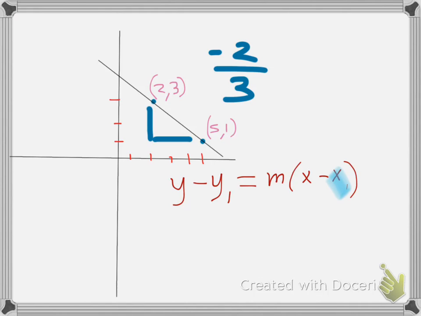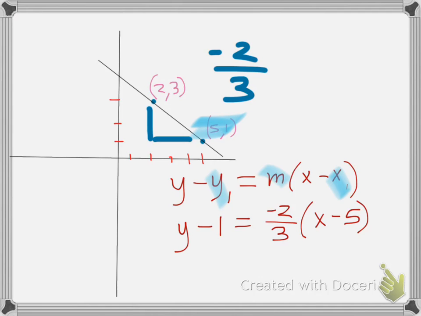Okay, so again, I'm only plugging in these three things. I'm going to use this point. So the y value from that point is a 1. So it's y minus 1. We found the slope to be -2/3, and we've got the x value of -5. And if I said find an equation in point-slope form, we would be done.